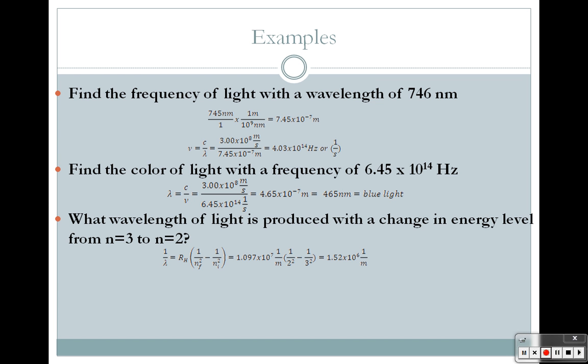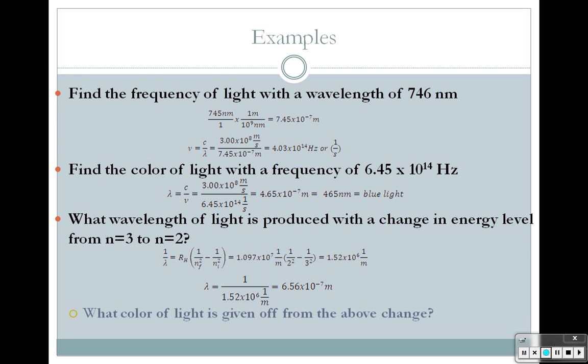This gives me 1 over wavelength. So I need to take the reciprocal of this number. So the second part of this would be wavelength equals 1 over 1.52 times 10 to the 6th 1 over meters, which gives me 6.56 times 10 to the negative 7 meters, which I could convert to nanometers.